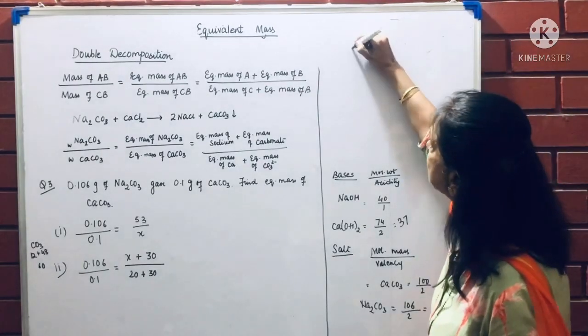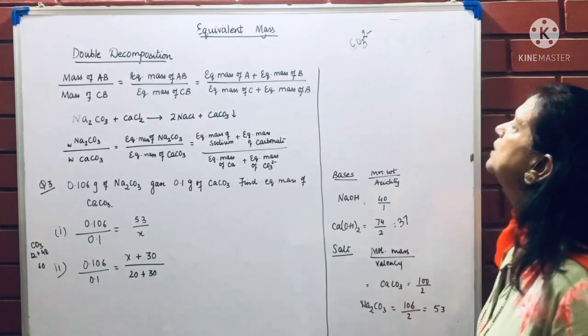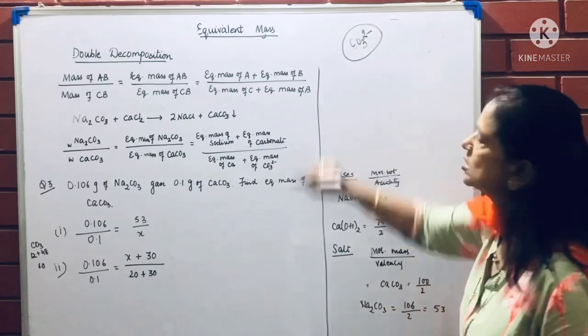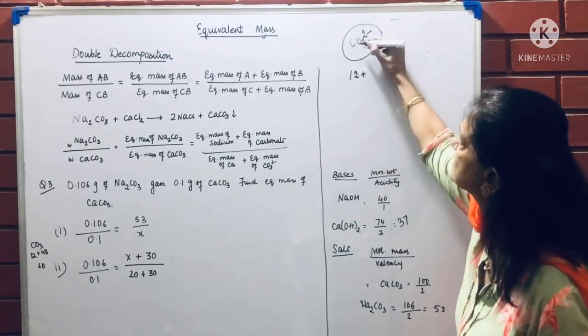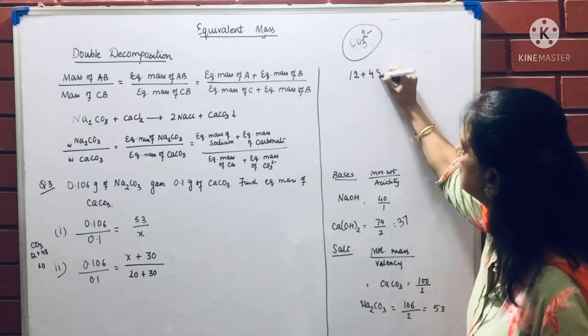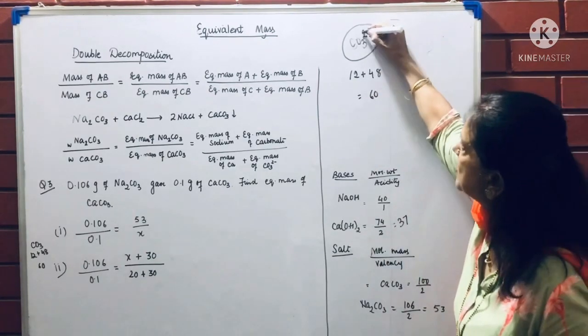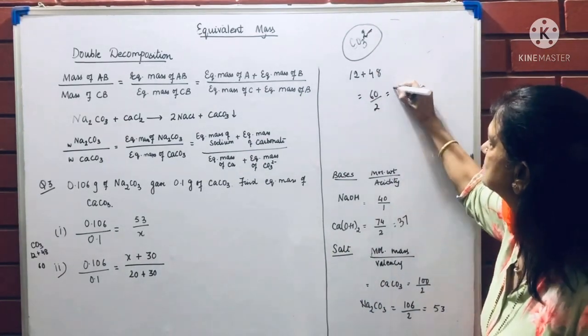If I have radicals, supposing I'm asked to find the equivalent weight of the carbonate ion, you first find the molecular weight of carbonate, which is 12 plus 16 into 3, which is 48, coming to 60. Divided by 2 because its valency is 2, it becomes 30.